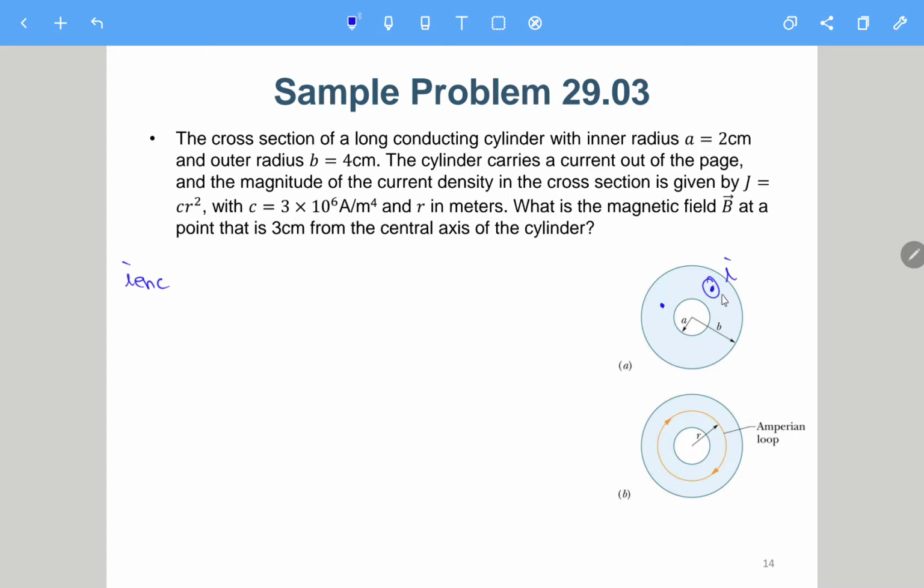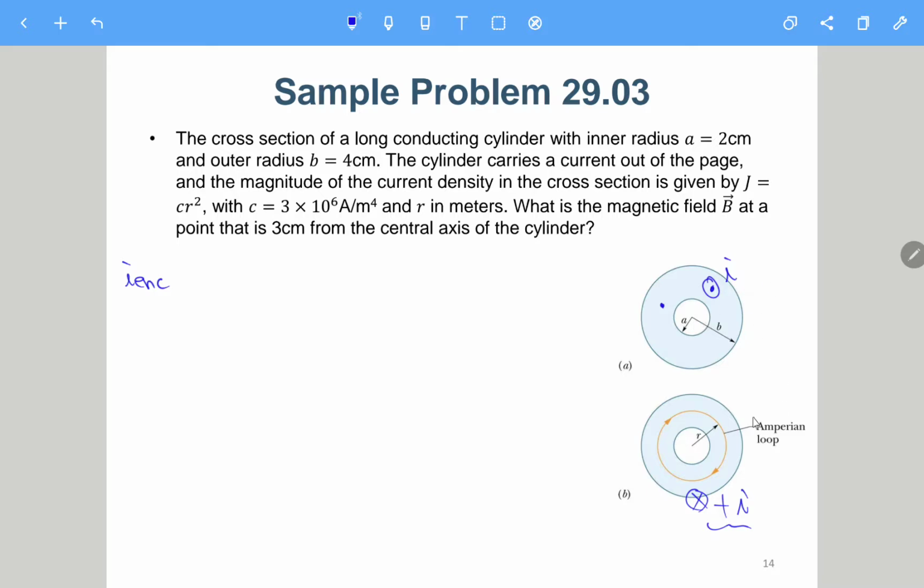So we should consider this I to be a negative current, because, as just mentioned, we use the right-hand rule to determine the polarity of the current, and here this loop is clockwise. Using the right-hand rule, we use the forefinger to follow this direction, and then your thumb will point into the page. So current going into the page is a positive I. But here this I is going out of the page, so it is negative.